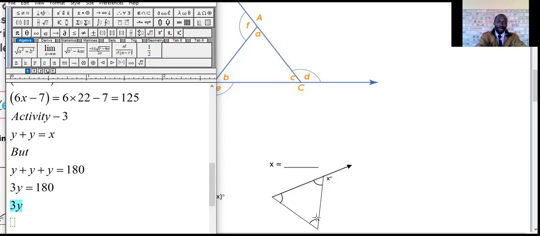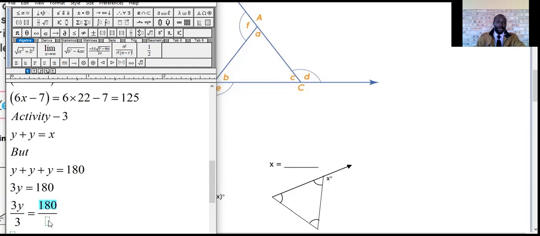To find the value of y, we have to divide this 3y by 3. Notice that because we have done this on the left-hand side, on the right-hand side we must divide 180 by 3.